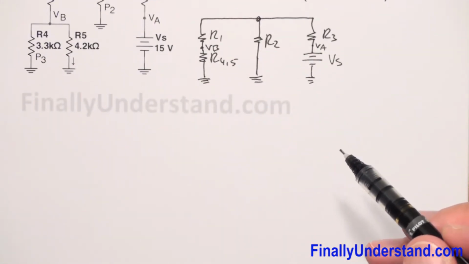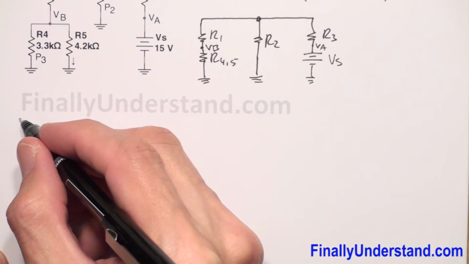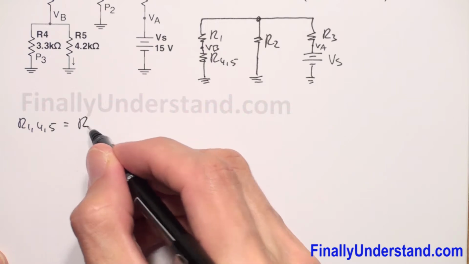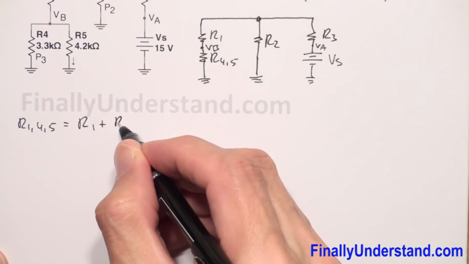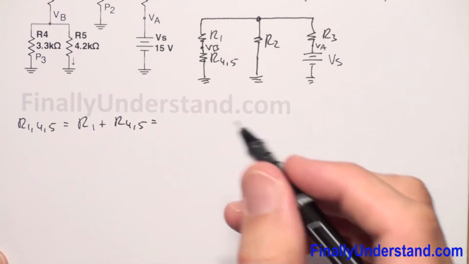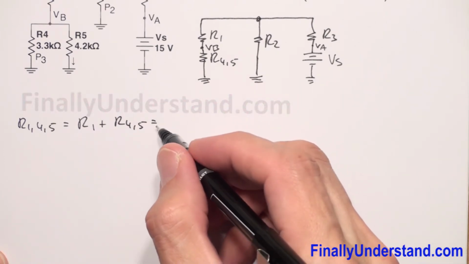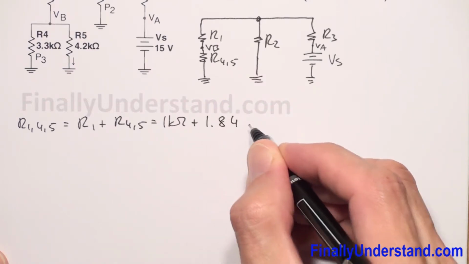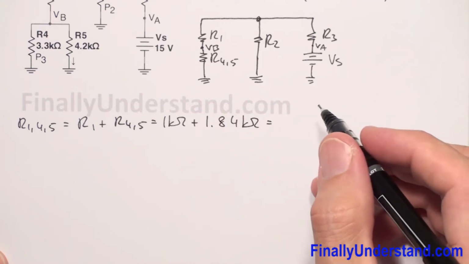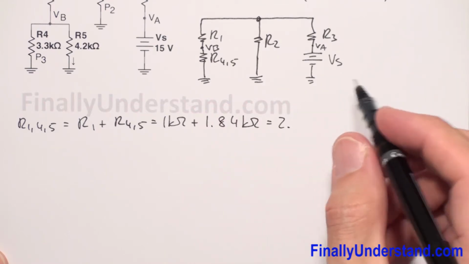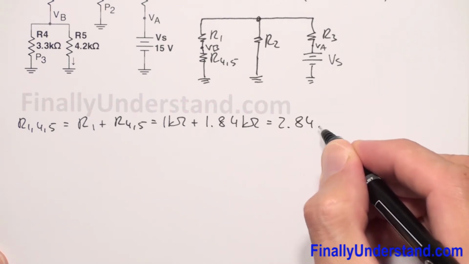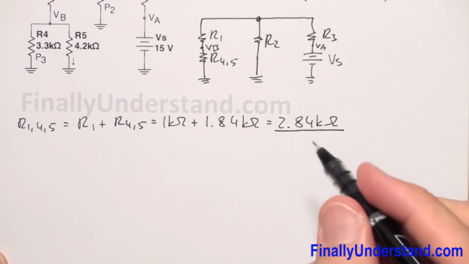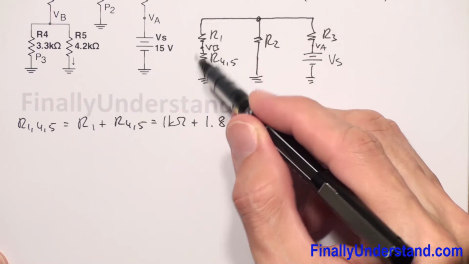I'm going to have resistance R145 equal to R1 plus R45, where R1 is equal to 1 kilo ohm plus R45, which is equal to 1.84 kilo ohms, and this is equal to 2.84 kilo ohms. So this is the equivalent resistance for these two resistors.